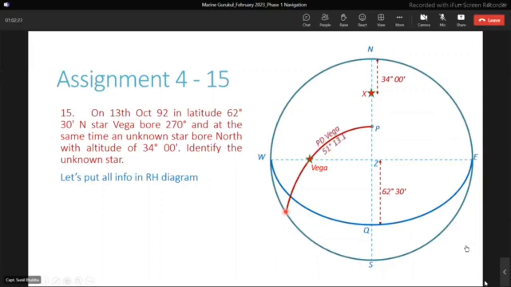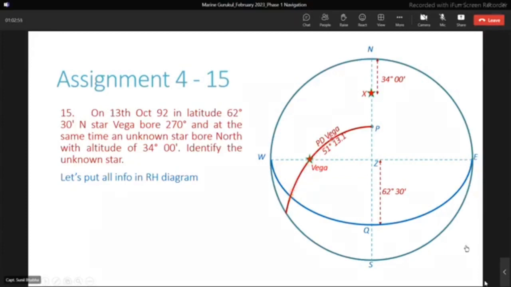Now concentrate your attention on the arc P to Vega. This arc is basically the polar distance of Vega. And we know that the polar distance is equal to 90 minus declination. You see, from Vega to the equinoctial, this is the declination, which I'm showing with the help of the laser pointer now. This is the declination of Vega.